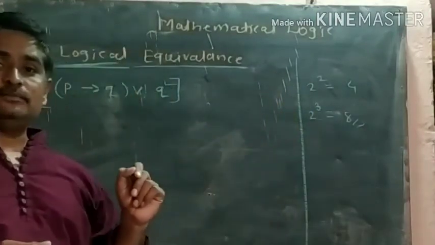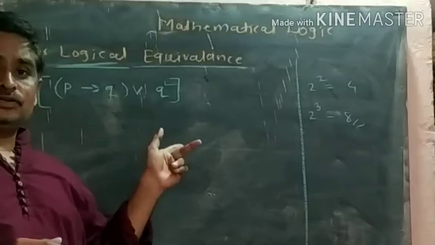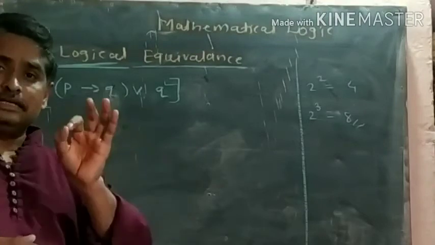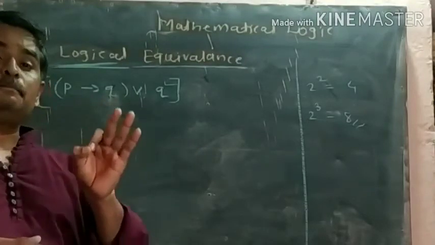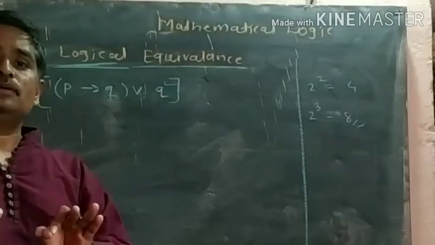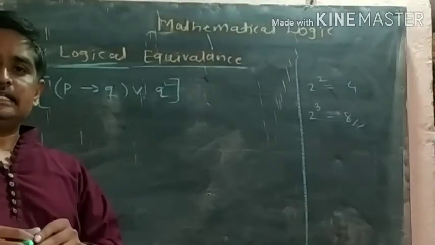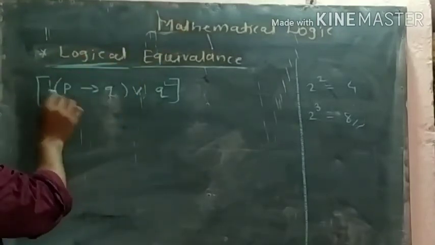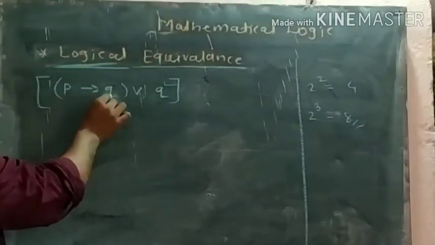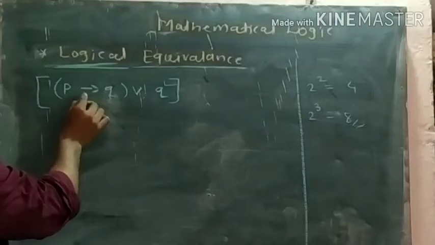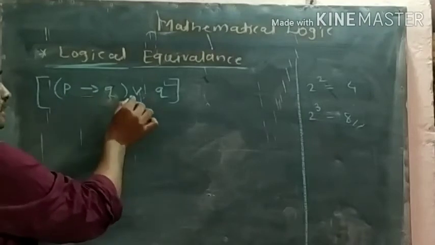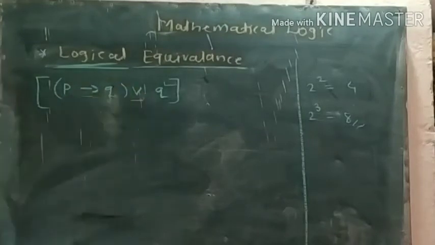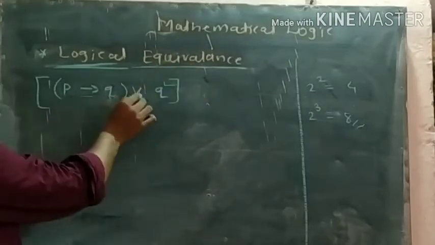And how many columns are present in that truth table? It depends on the number of basic connectives plus the number of statements present in that logical statement. Observe that the number of statements is 2, and the basic connectives are implication and disjunction.